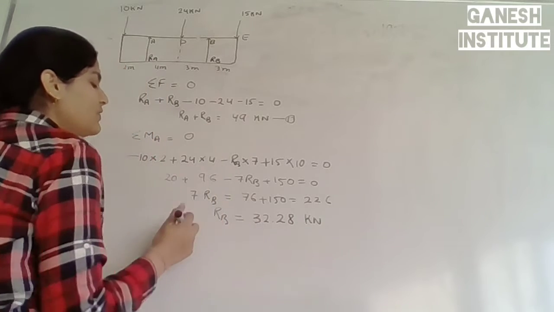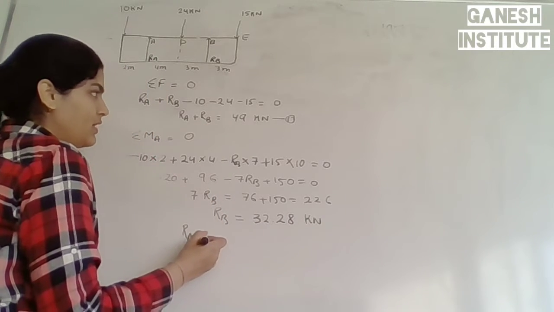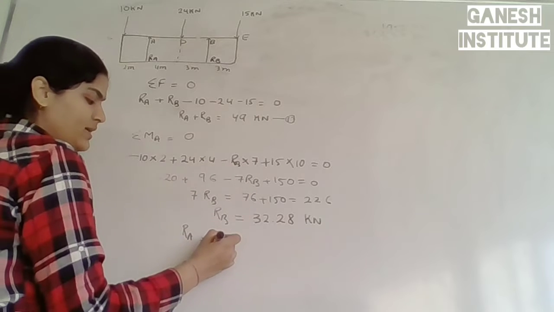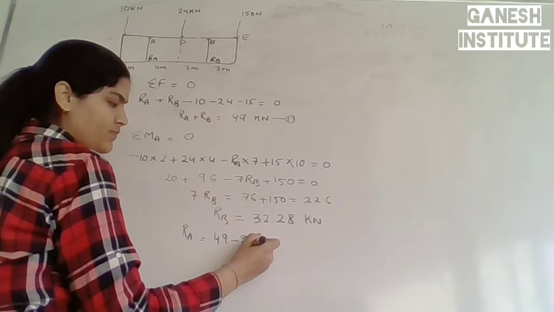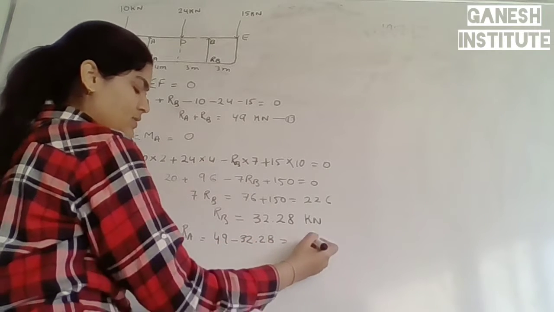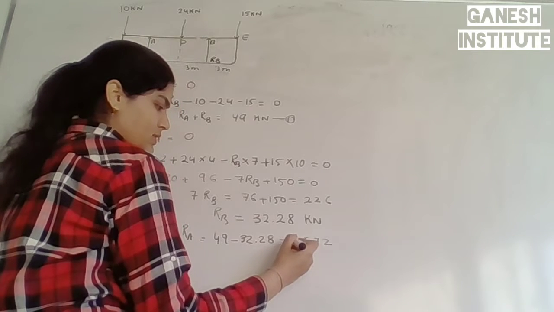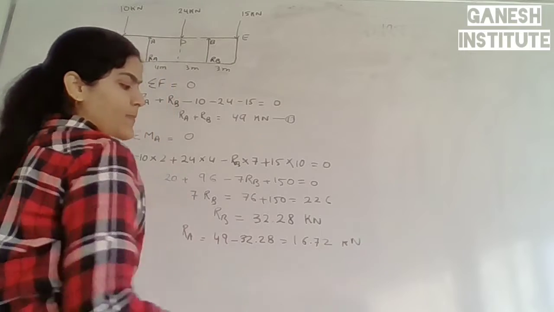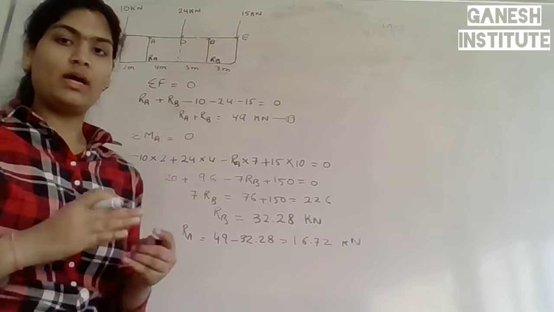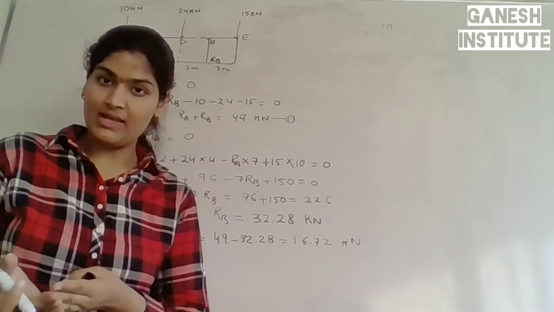If we put this in the first equation, we get RA as 49 minus RB. Now we have got RA and RB as our reactive forces.